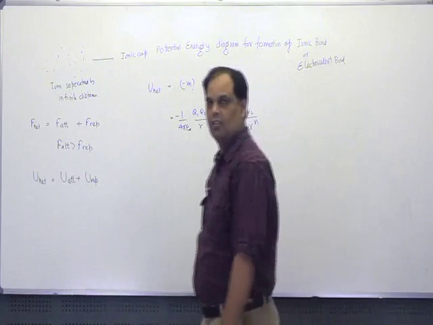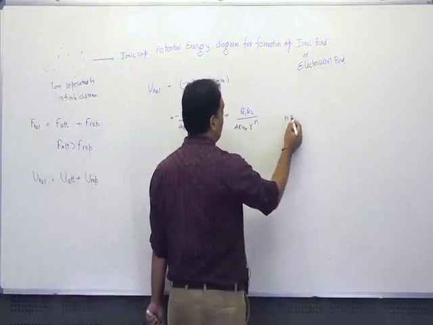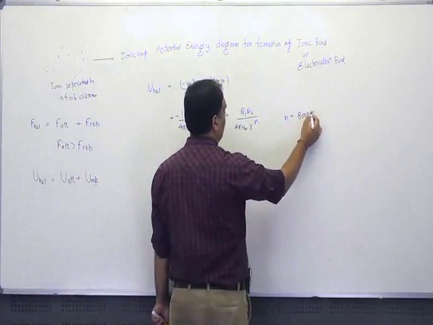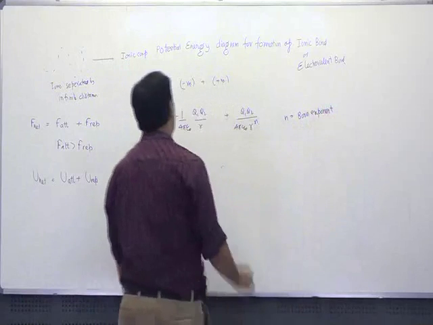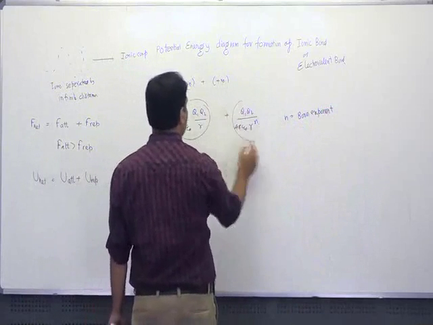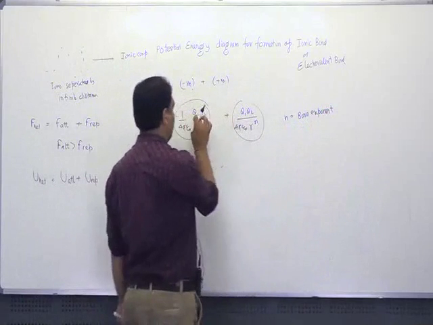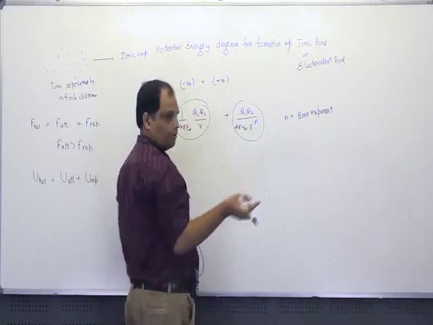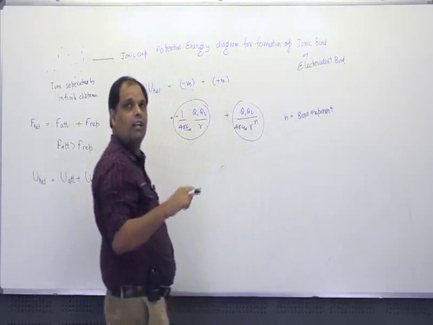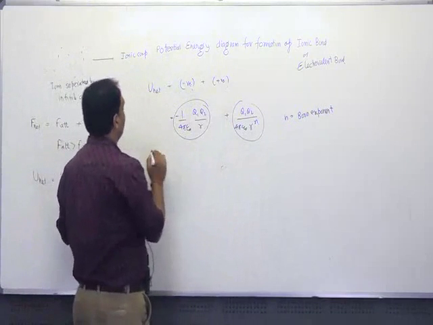This is an expression where n is referred to as Born exponent. This quantity is always negative and this quantity is always positive, because positive-negative results in attractive force, positive-positive is again positive, and negative-negative is again positive.